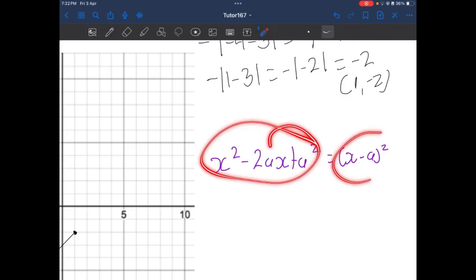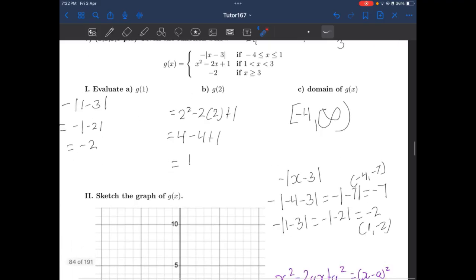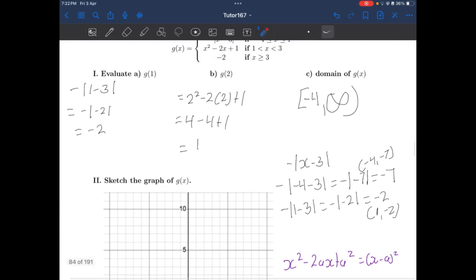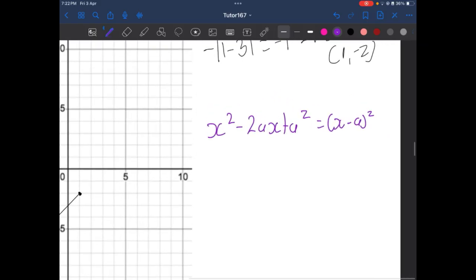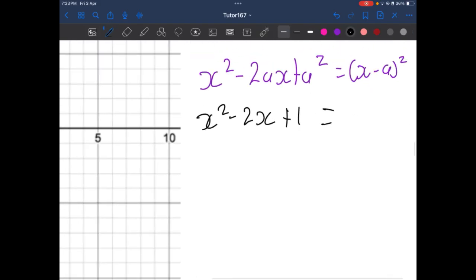So what we're going to do is change it from this form to this form. It's already in this form. We want to change it to the next form. So this is x squared minus 2x plus 1. We want to put it in this form. To do that, we're going to complete the square. So to do that, we're going to divide negative 2 by 2 and then square it. That'd just be 1 squared, which would just be 1.